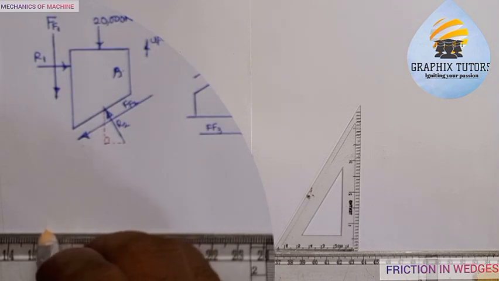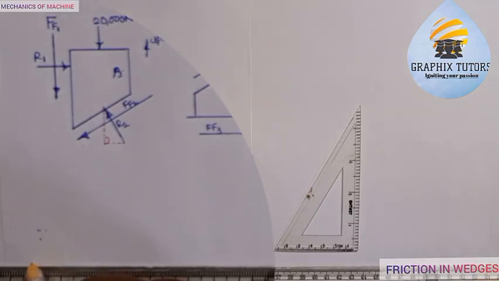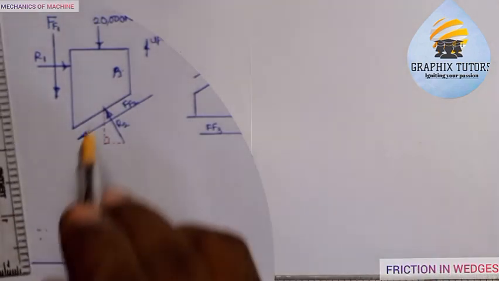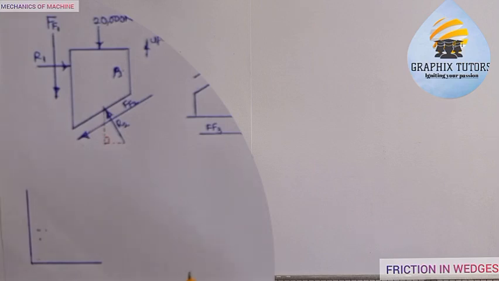I have this triangle this way from here. Then I have the vertical one, this line here, this way. You can see that. And I have this way.